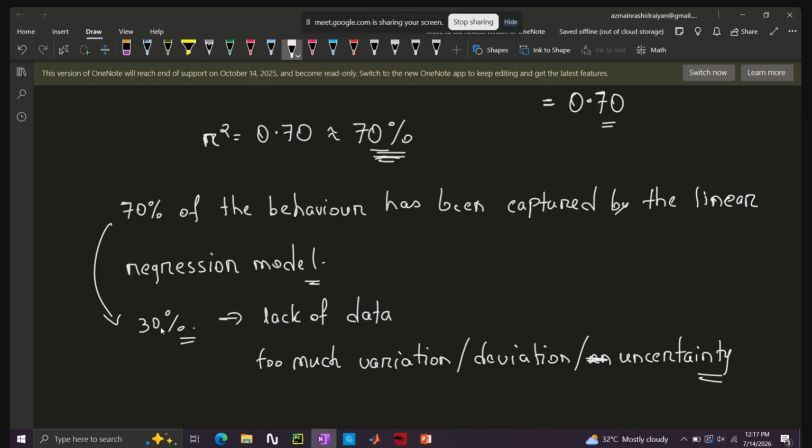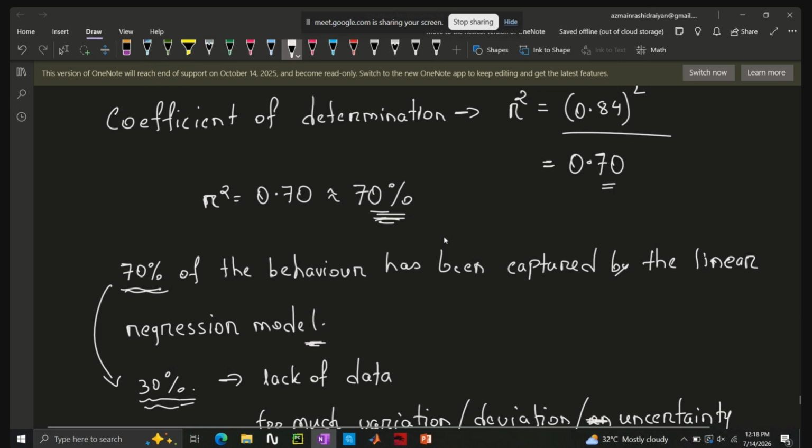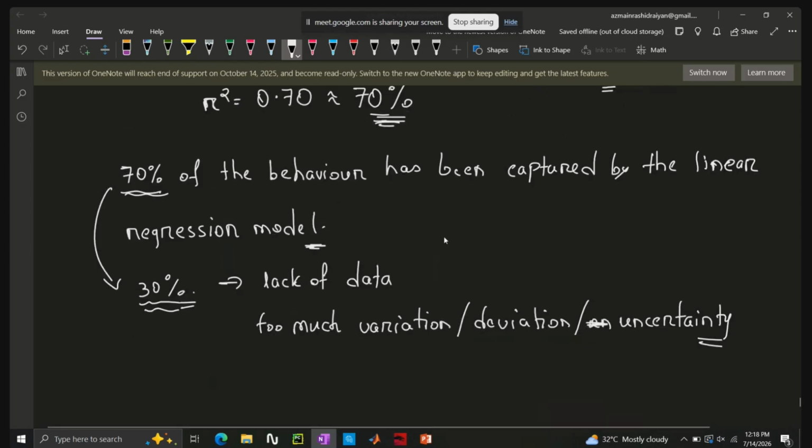Due to these reasons, we could not capture the remaining 30% of the behavior, but the rest of the 70% has been captured by the linear regression model. So this is what the coefficient of determination actually implies. If I ask you what the coefficient of determination and the coefficient of correlation are, and give you a set of data, I think you will be able to find them in the exam hall, I hope.